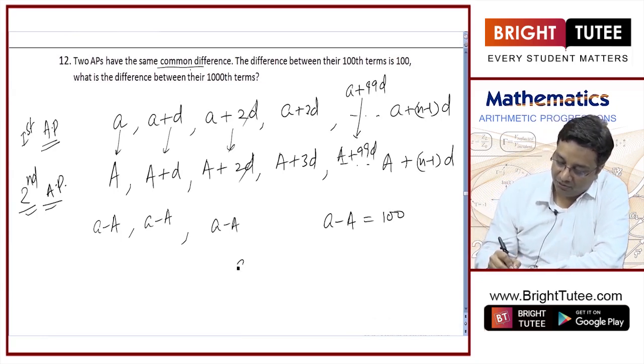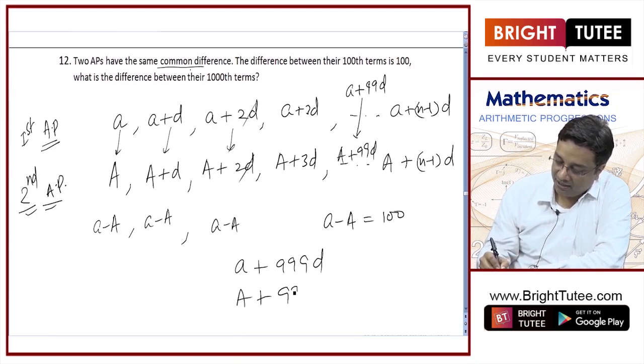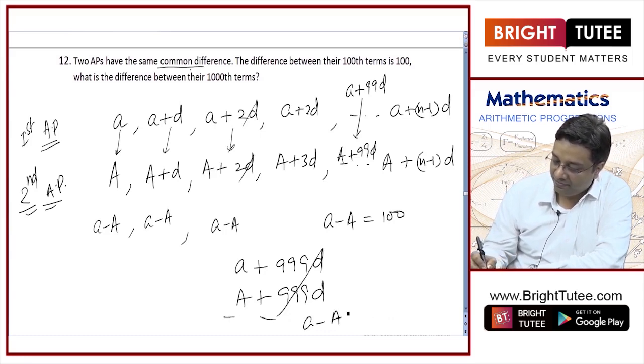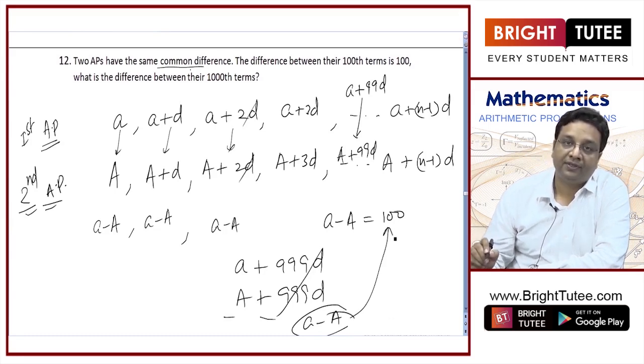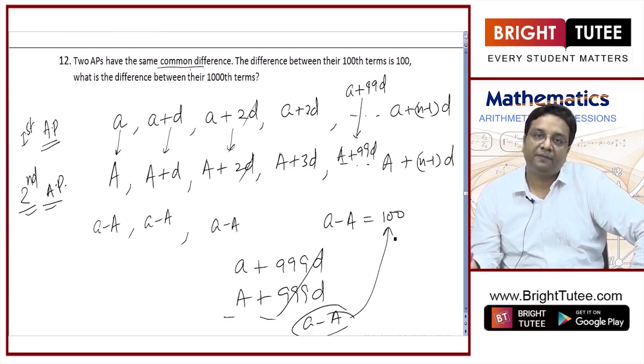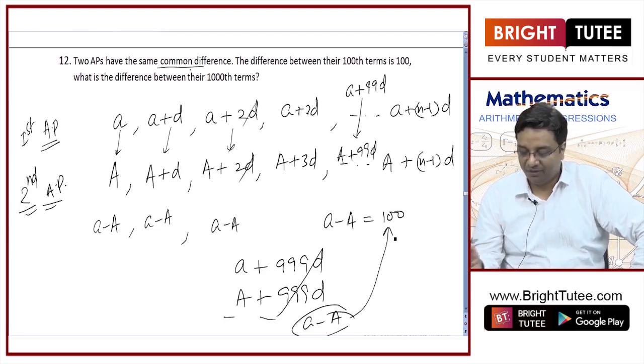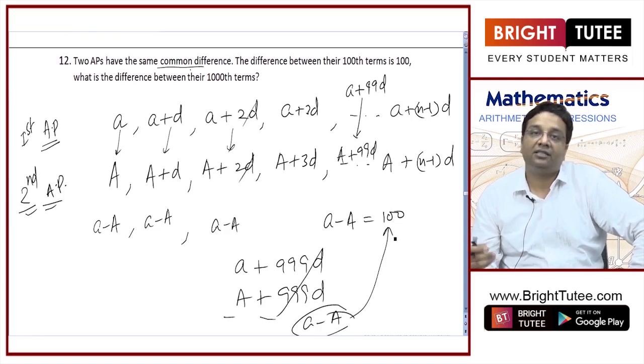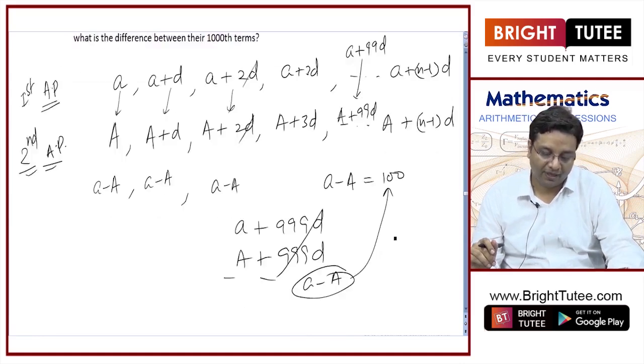If I subtract the 1000th terms, A plus 999D and A plus 999D, the difference will still be A minus A, which is equal to 100. So the difference between any two corresponding terms will be 100. Even the difference between their 555th terms will still be 100, okay?